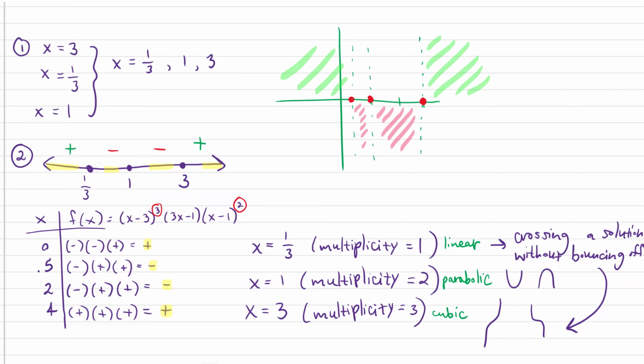Finally, we get to our last solution, 3, that has multiplicity of 3. So it's going to have a cubic shape to that curve. So either it's going to do something like this or something like this. Oh, I already did that. It could do this or it could do that.